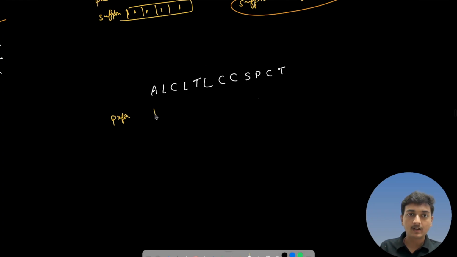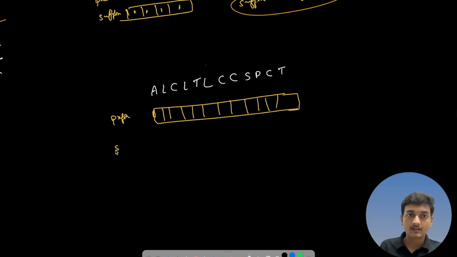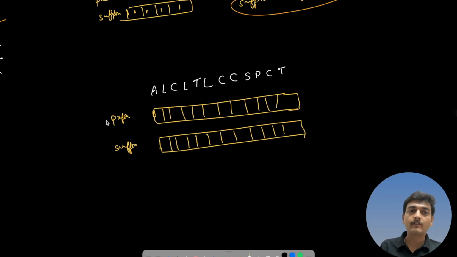So let me quickly draw the prefix array and the suffix array. 1 2 3 4 5 6 7 8 9 10 11. Super. So I have written my prefix and suffix array, and let's try to fill these values. Consider all values are initially initialized with 0.